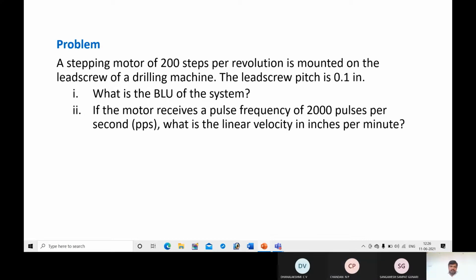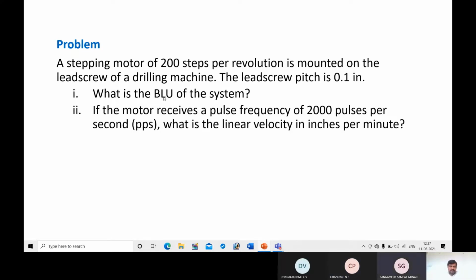Using that also you can find the basic length unit. That is 0.0005. Now for the second question, Sangamesh or Dhanlakshmi should give the answer.